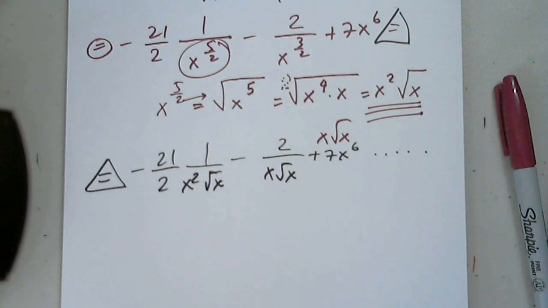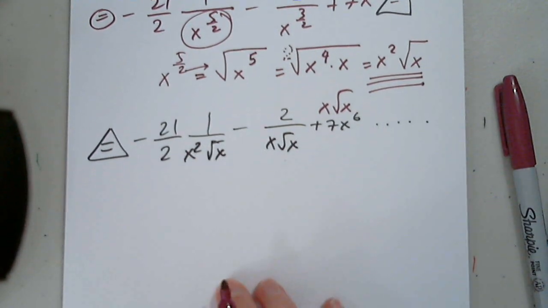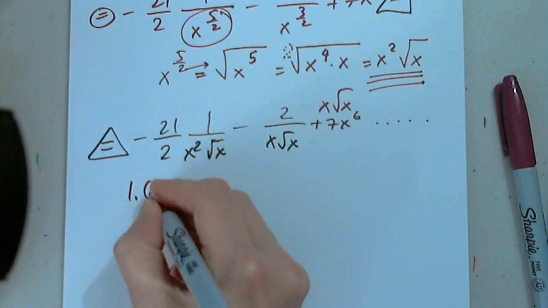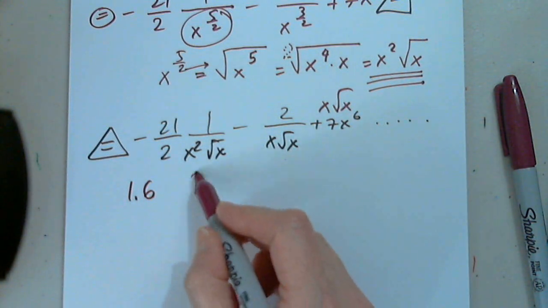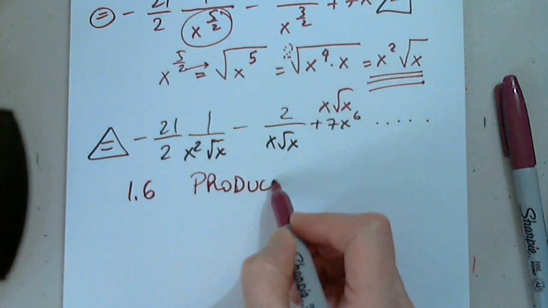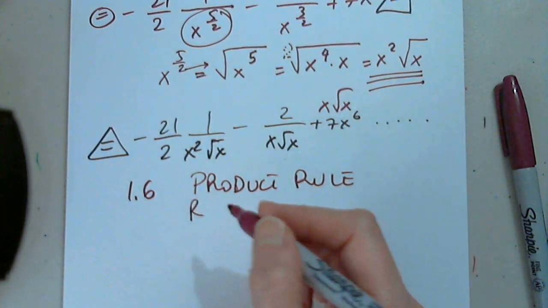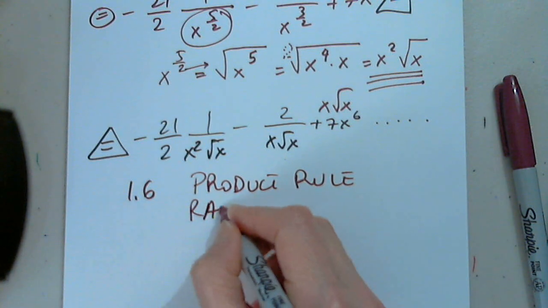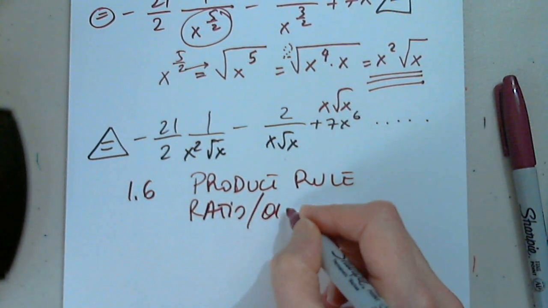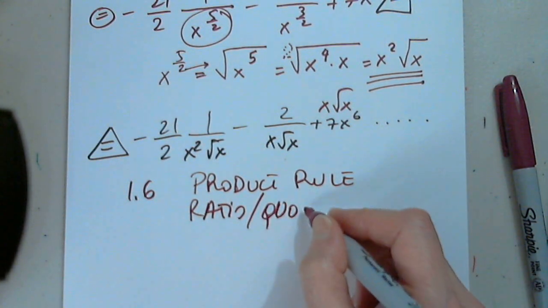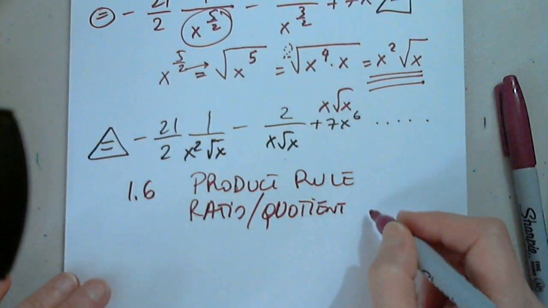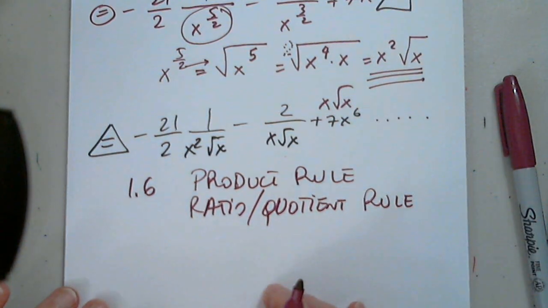Well, in that case, we're trying to make headway, and we're moving on to 1.6, which is the product rule and the ratio or quotient rule.